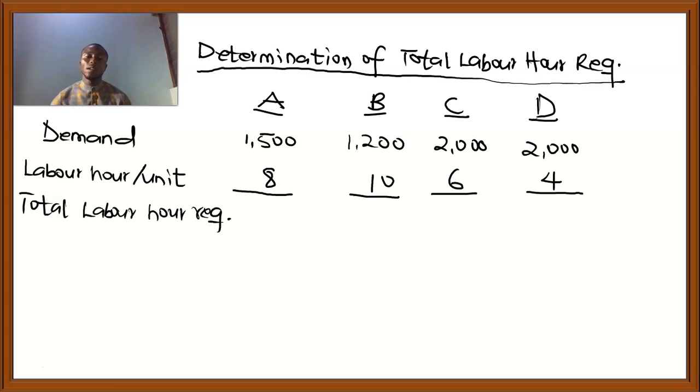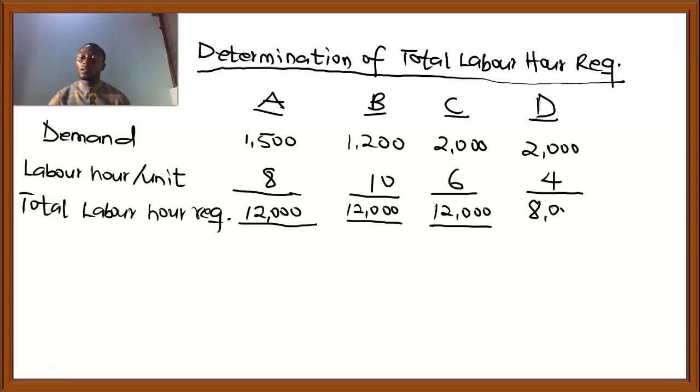In respect of table A, we require total labor hours of 12,000. That is, when we multiply 1,500 by 8, we get 12,000. And for B, we require 12,000 labor hours. For C, also 12,000. And for D, labor hours of 8,000 are required. So again, we sum up all the requirements and we get a total labor hour requirement in respect of all the tables.